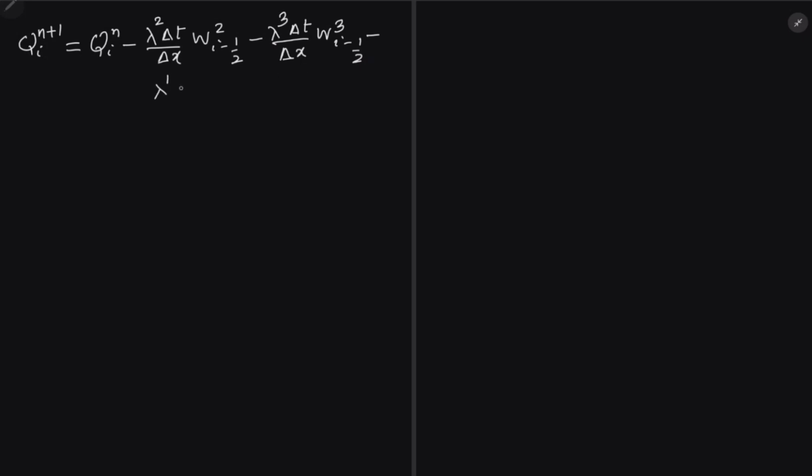So that formula becomes Q_i^(n+1) equals Q_i^n minus lambda 2 delta t by delta x W_2 at i minus 1/2, minus lambda 3 delta t by delta x W_3 at i minus 1/2, minus lambda 1 delta t by delta x W_1 at i plus 1/2.